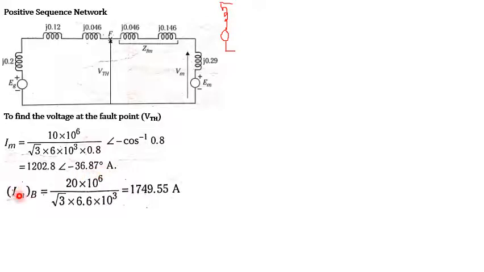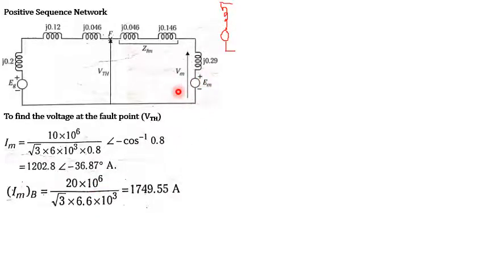So what is the base value? Look at the terminal, in which part of the circuit we are considering. Okay, this is the base value on the motor side. What is the base value? The new value we got is 20 MVA. What is the voltage on the motor side?